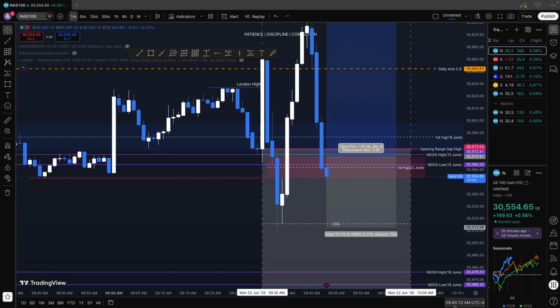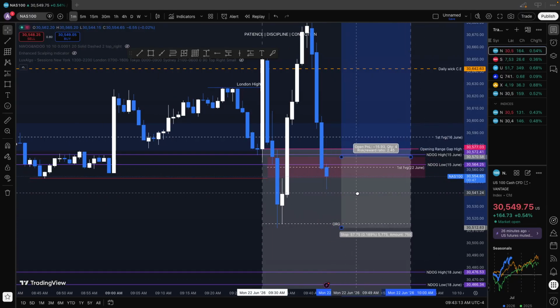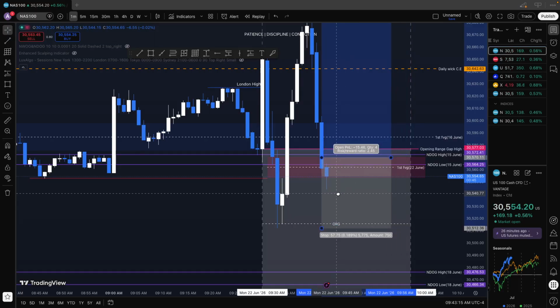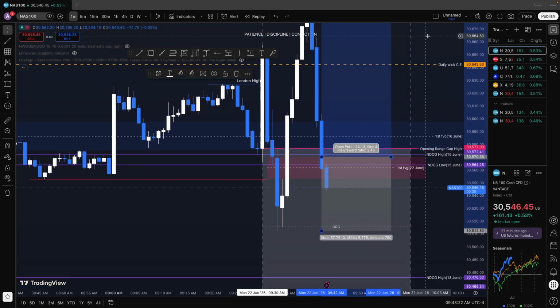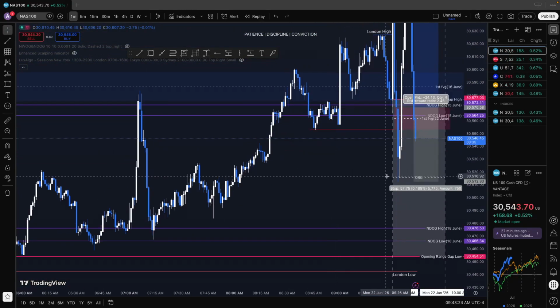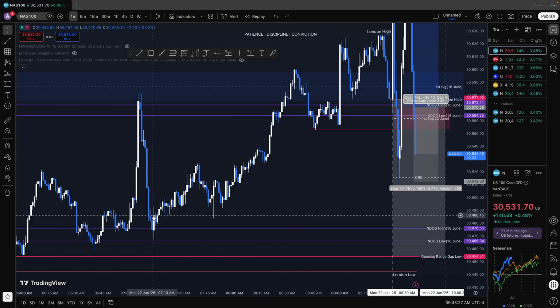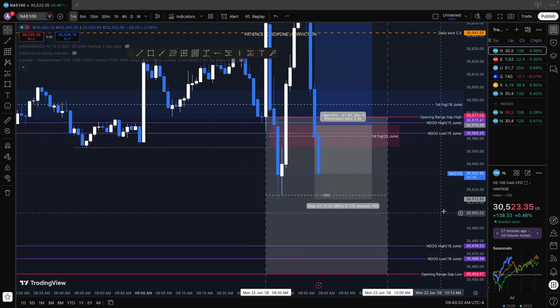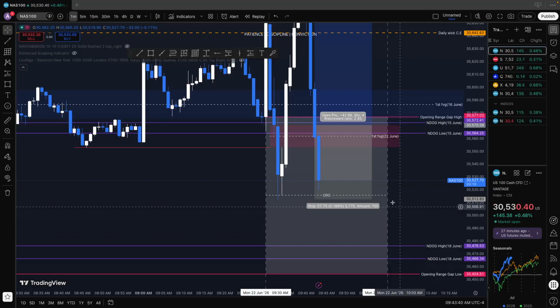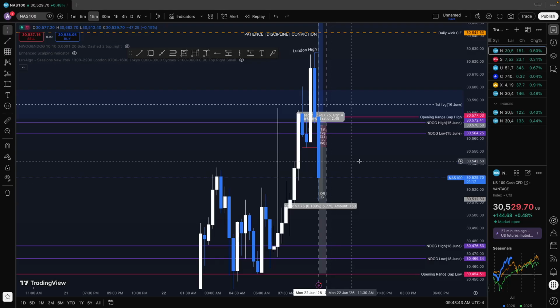I'm gonna wait for the macro and see what happens. It's good when I come take out the London low right over here. We have 2 minutes left until this candlestick closes. Let's wait and see.